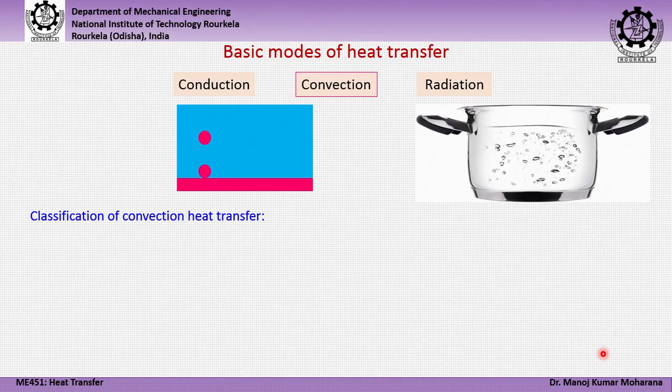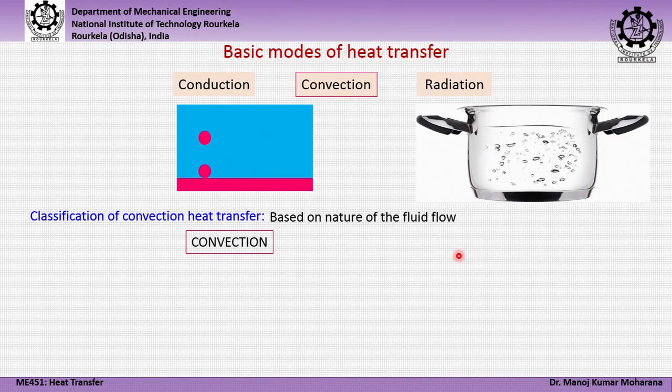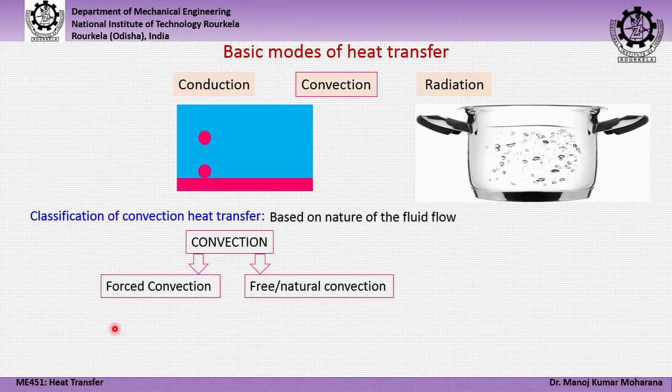So, here we can classify the convective heat transfer into two types based on the nature of the fluid flow near the wall of a solid surface. So, here we can have two types. First one is called forced convection and the second one is called free or natural convection.